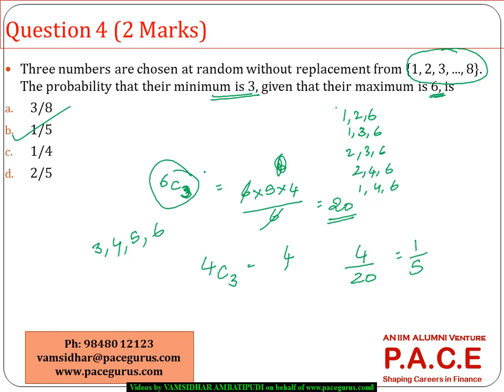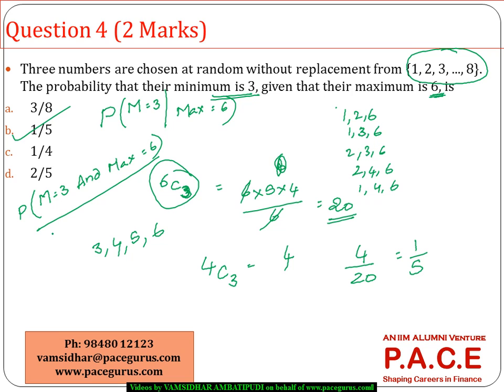The probability that their minimum is 3, given max is 6, I can very well use the conditional probability formula also. The probability of min equal to 3 and max equal to 6 divided by the probability of max equal to 6.